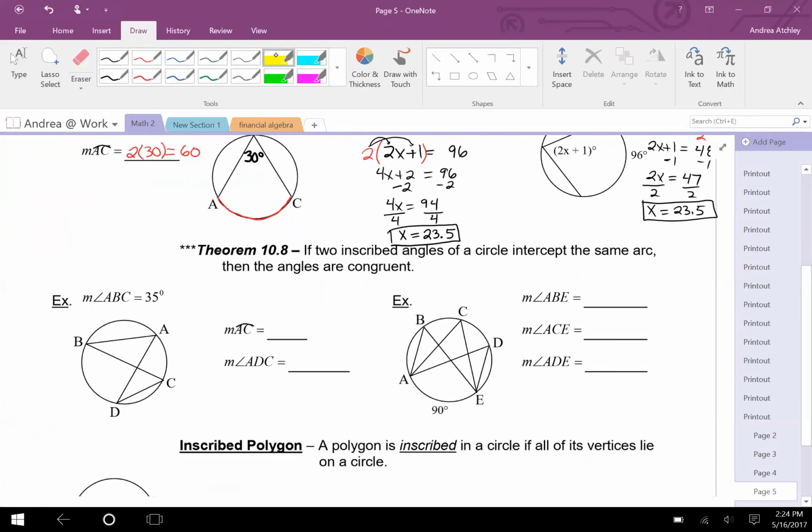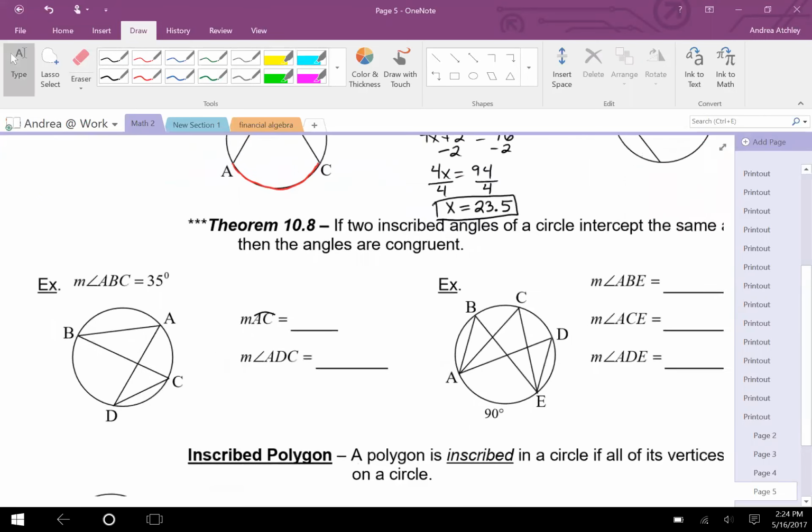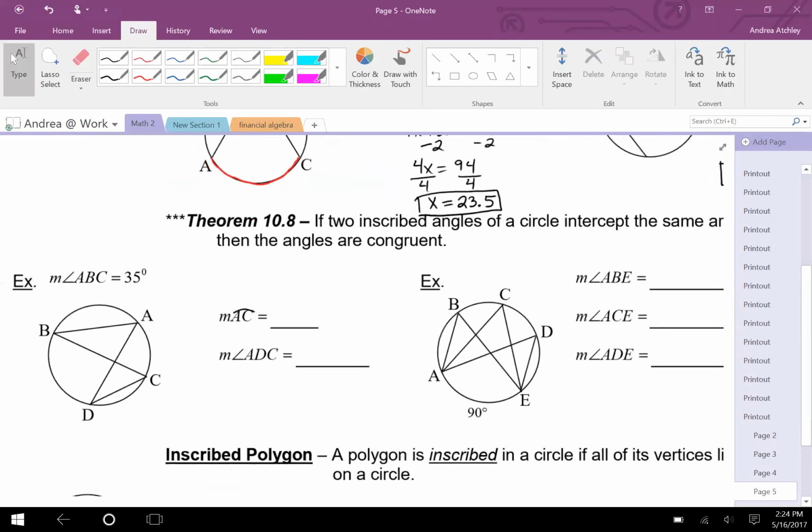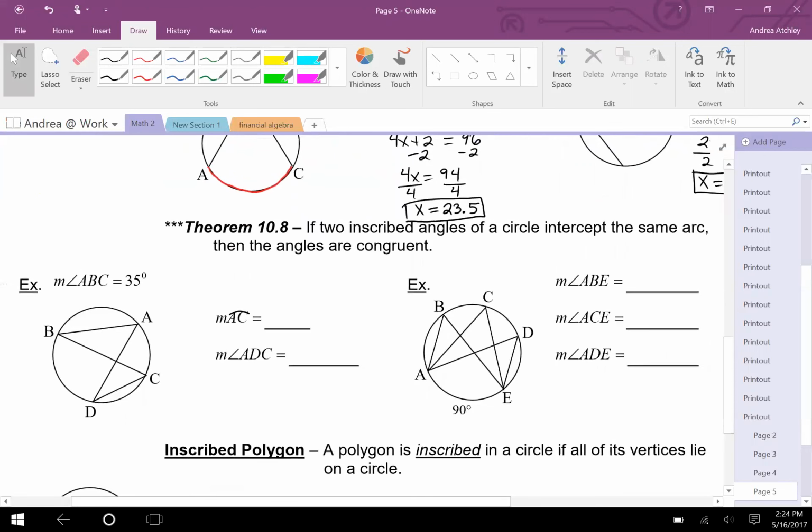Okay, the next theorem is if two inscribed angles of a circle intercept the same arc, then the angles are going to be congruent. So in that first one, it says that angle ABC, this angle right here, is 35 degrees. They want to know what that intercepted arc is going to be.